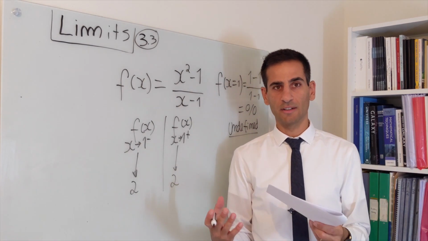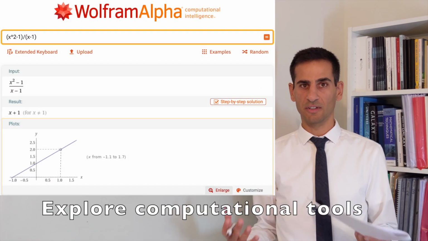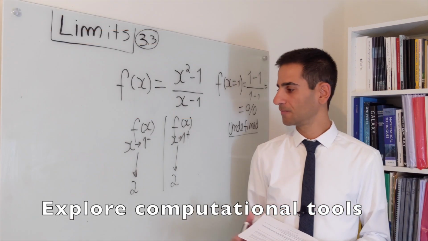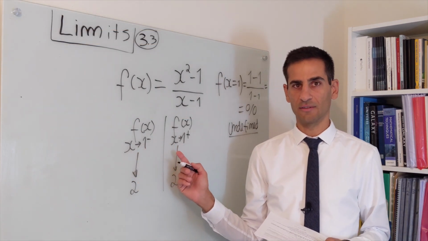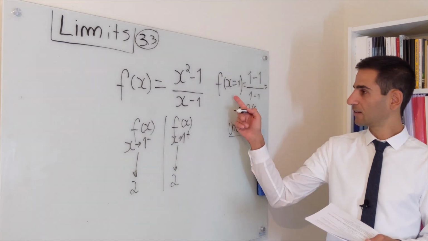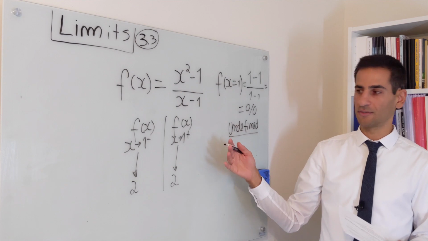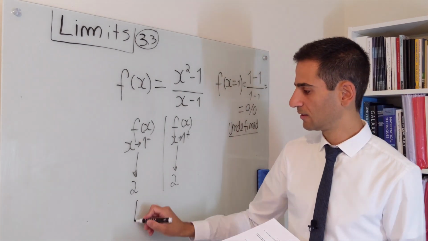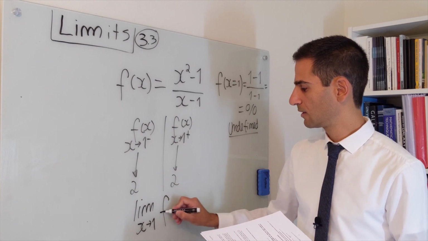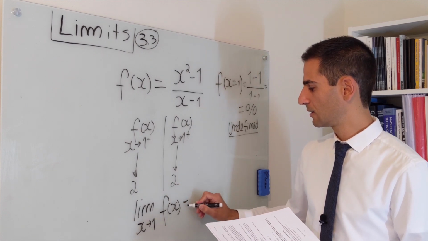Numerically, and I'll leave it up to you, you can explore tools like Wolfram Alpha. Numerically, what we see is that from the left and the right, the function approaches 2. At x equals 1 exactly, it is not defined, but the limit when x goes to 1 of f of x is 2.